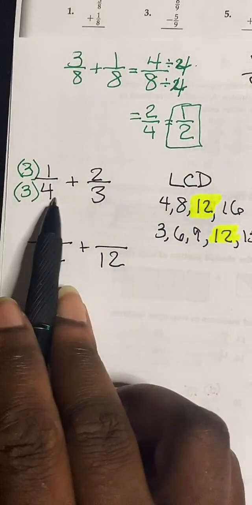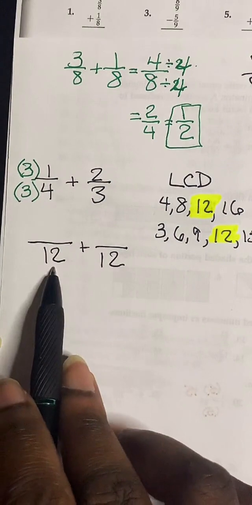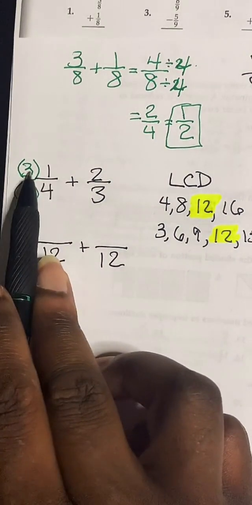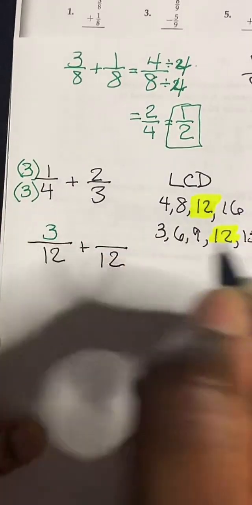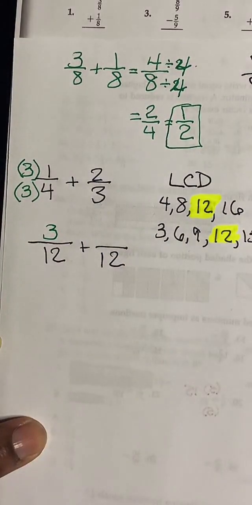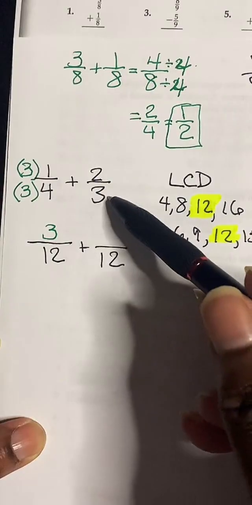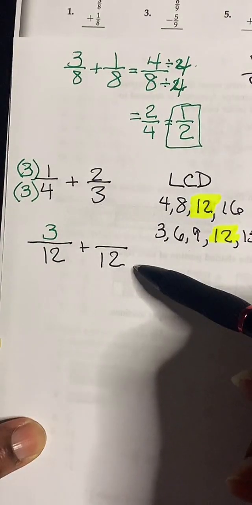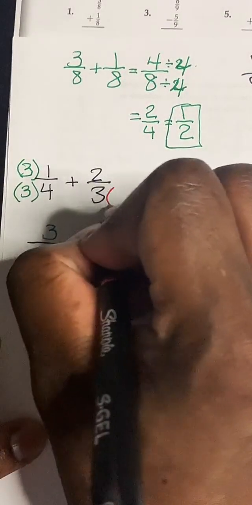Whatever I do in the denominator to get this 12, I have to do in the numerator. So 3 times 1, that will give me 3. So now, how do I make this 3 into a 12? I got to multiply by 4.